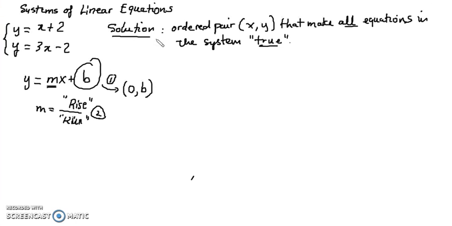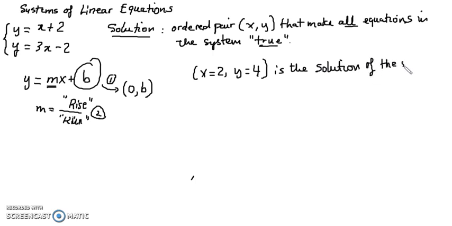Coming back here, from our graph we have x equal to 2, y equal to 4 as the solution of our system.